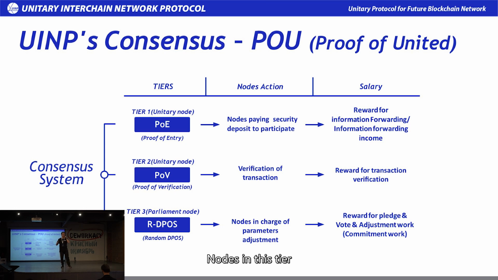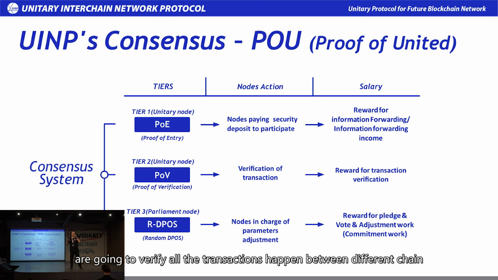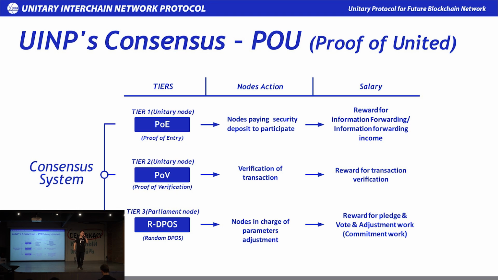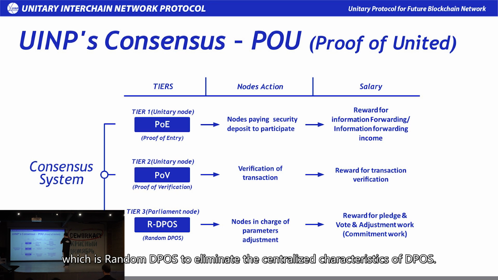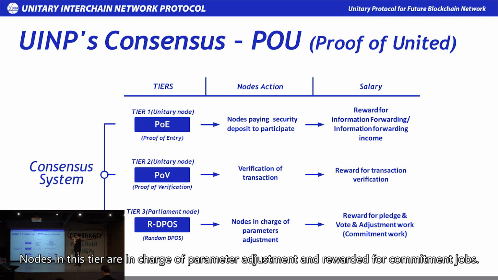Nodes in this tier verify all the transactions happening between different chains, and receive the reward for transaction verification. The third tier is the Parliament nodes group. We use random deposits to eliminate the centralized characteristic of deposits. Nodes in this tier are in charge of parameter adjustment and the reward for commitment jobs.